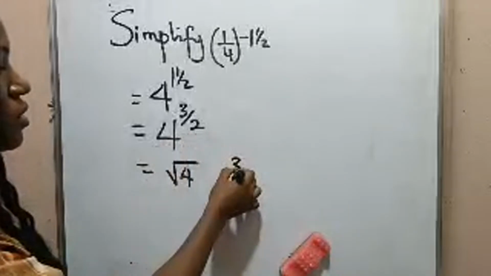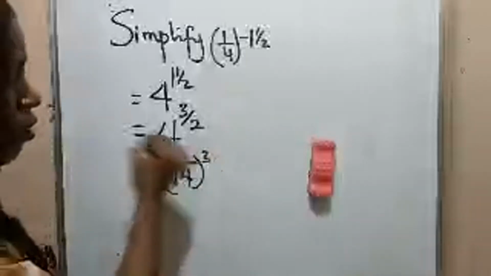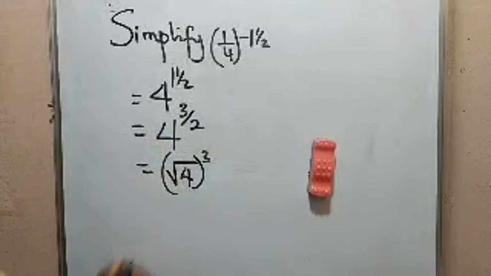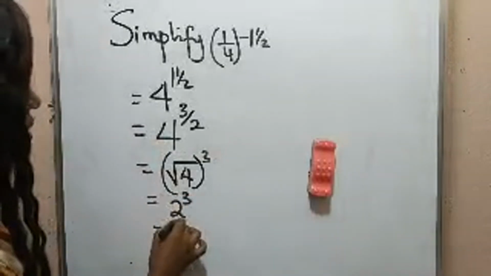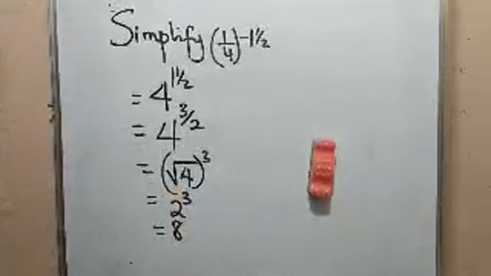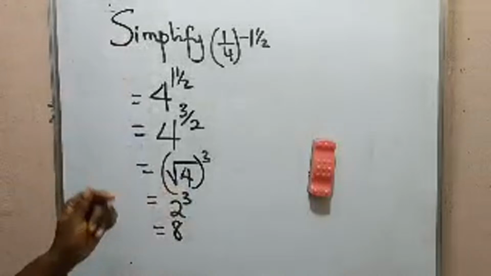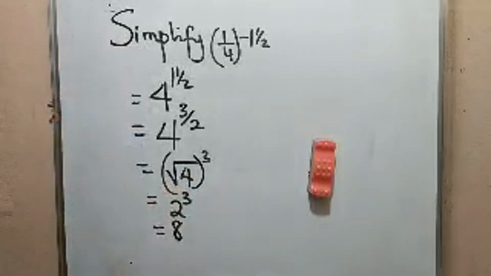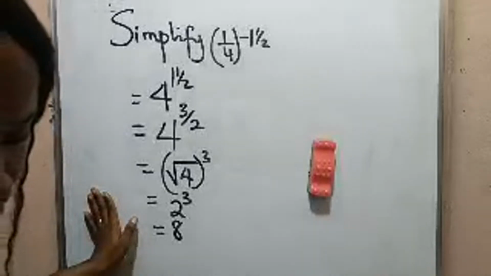If you have 3, that is cube root. So we have square root of 4 raised to the power of 3. This is equal to 2 to the power of 3, and this is equal to 8. So it means that 1 over 4 raised to the power of minus 1 over 2 is equal to 8. As easy as that.